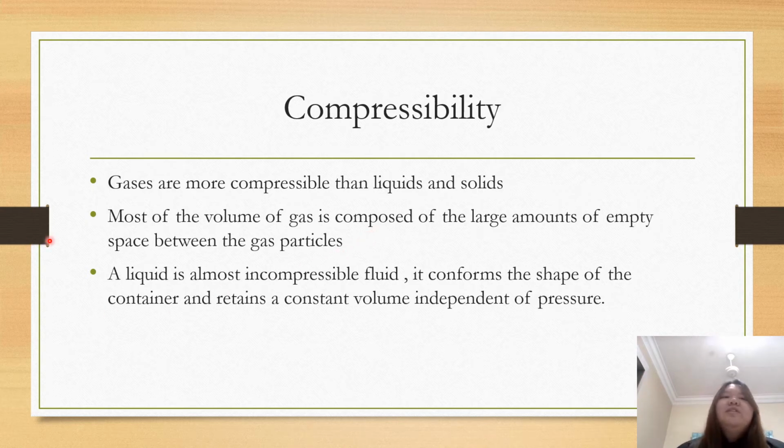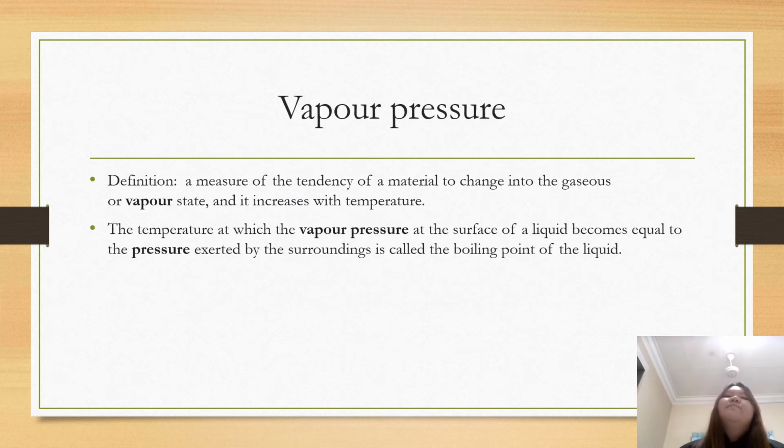Why? Because most of the volume of a gas is composed of large amounts of empty space between the gas particles, and a liquid is almost an incompressible fluid. It conforms to the shape of the container and retains a constant volume independent of pressure.